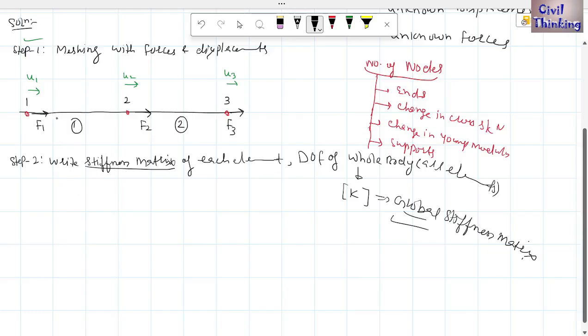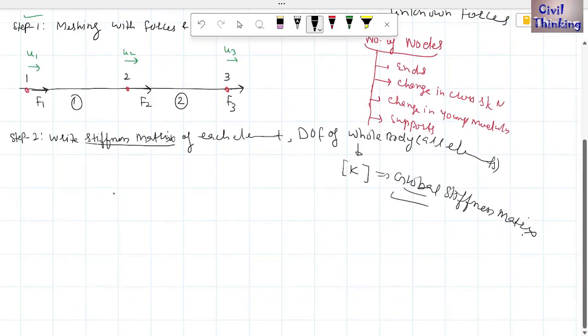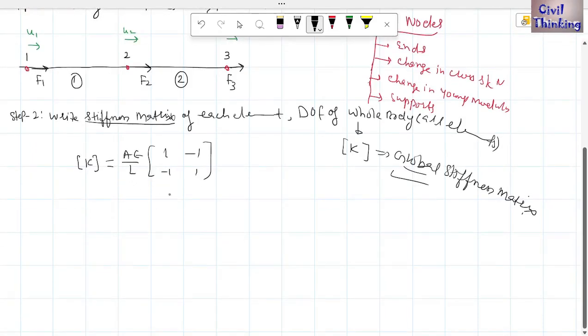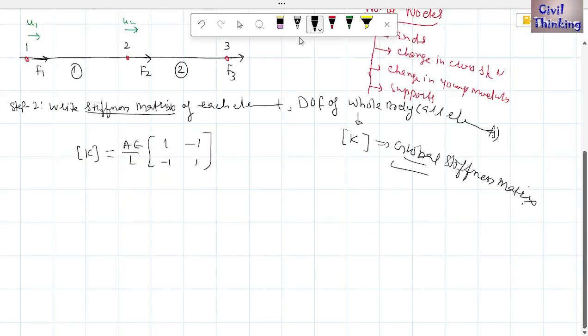Now in my previous classes, I have already told you, you can also watch that lecture, that the stiffness matrix for each element in 1D meshing is K equal to AE divided by L, times the matrix 1 minus 1, minus 1 and 1. Okay, so we will use this equation to find the stiffness matrix of each element.